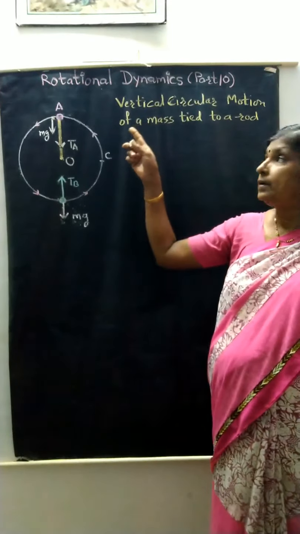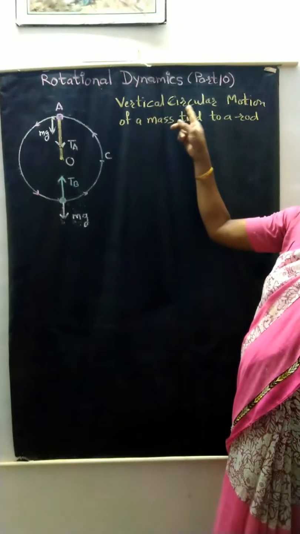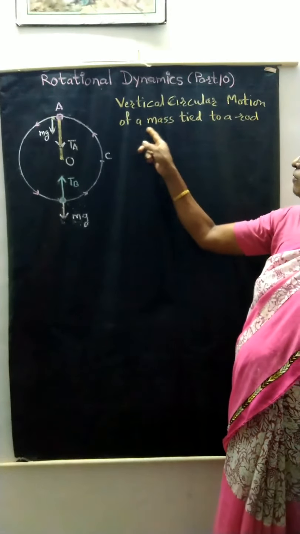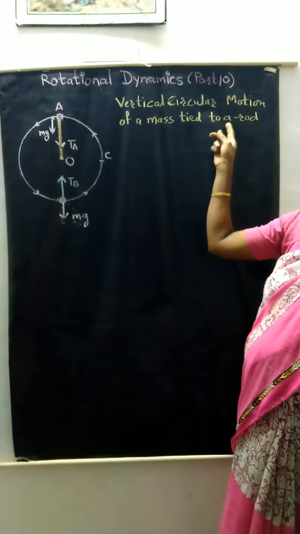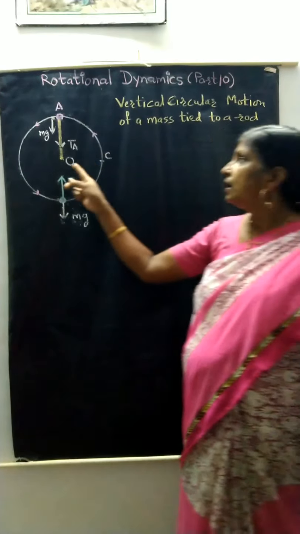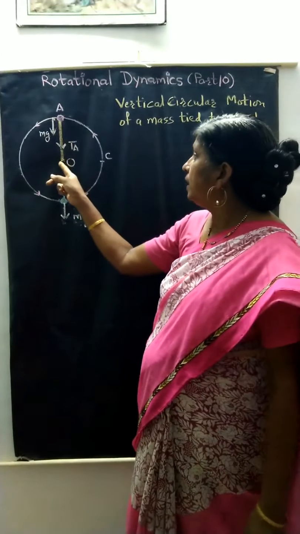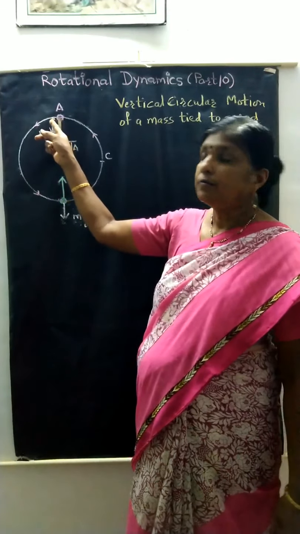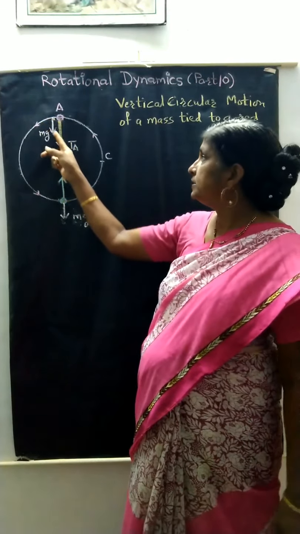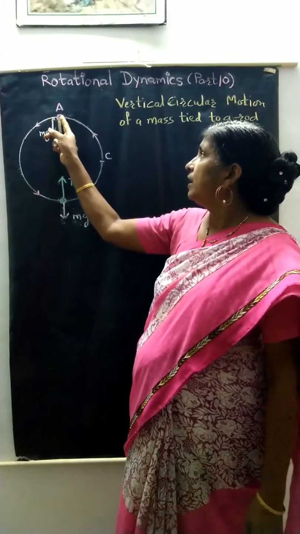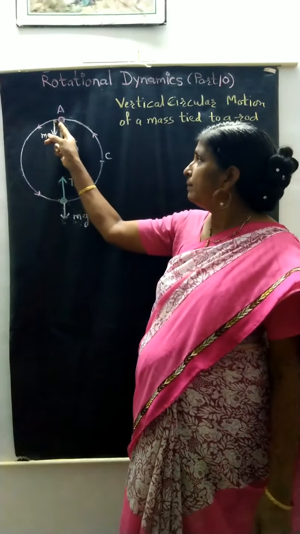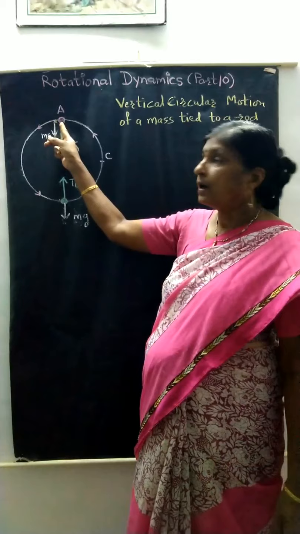Today we are going to discuss vertical circular motion of a mass tied to a rod. Here we have considered a massless rod, and to this rod a body of mass m is connected.